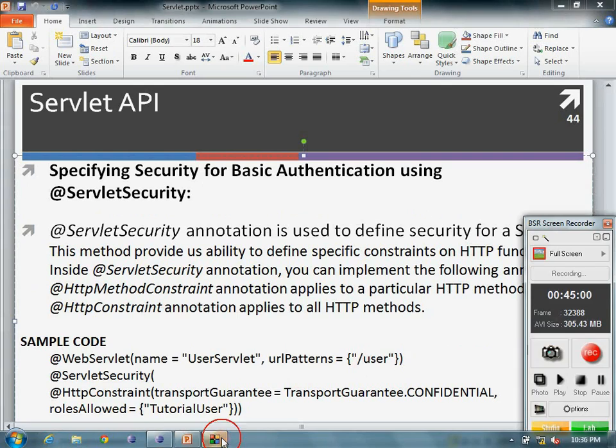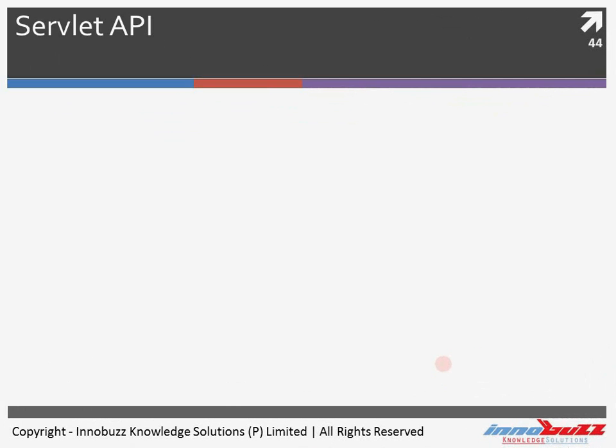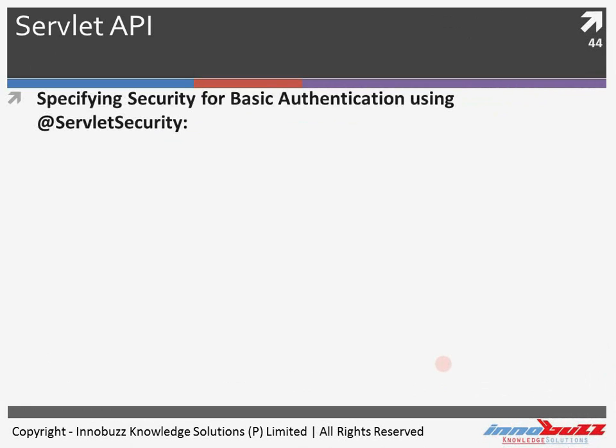So the next slide is Servlet API, where we have security. So what is this security all about? Security in JEE is specified using @ServletSecurity, which has come as a feature of JEE 6.